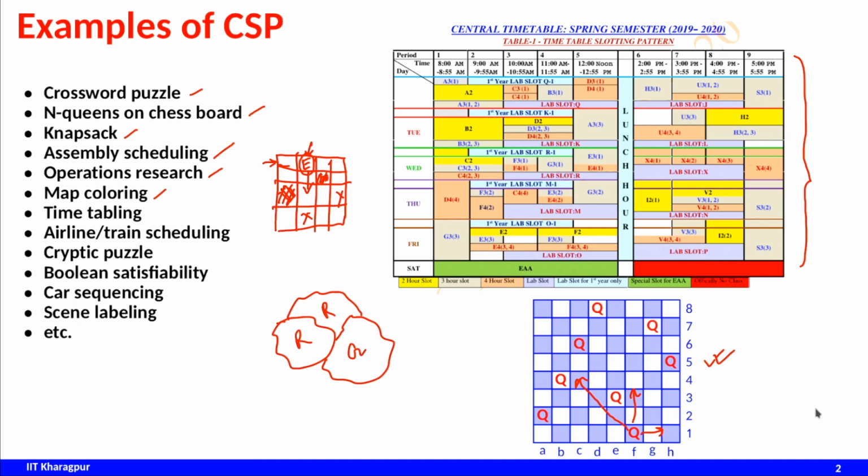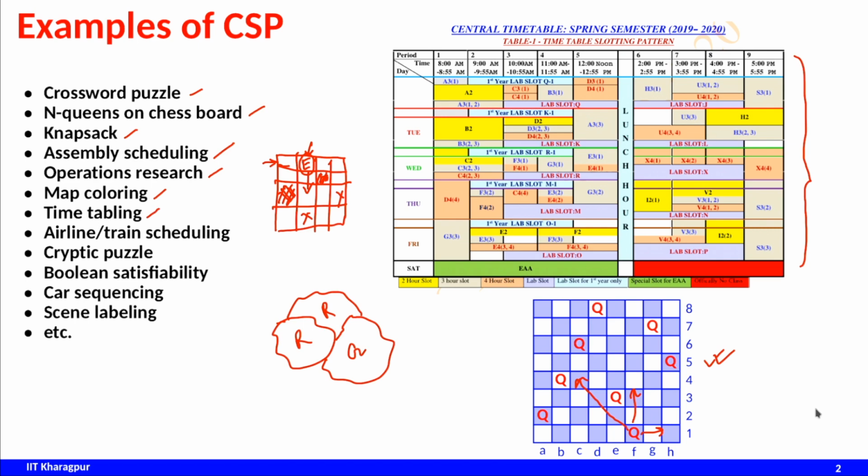At the same point of time, two courses cannot be scheduled on the same room. And there are many other constraints, like if a faculty has more than one subject to teach, then you cannot arrange those two subjects in the same time slot. So there are few constraints that you have to ensure, which is a pretty common problem.